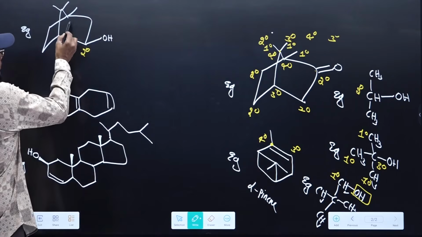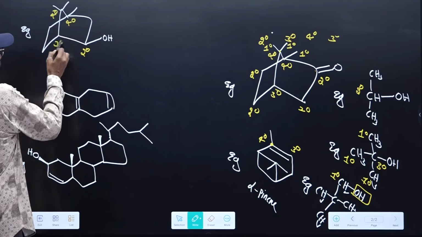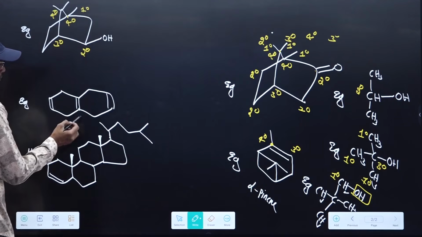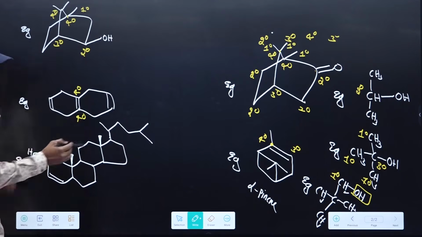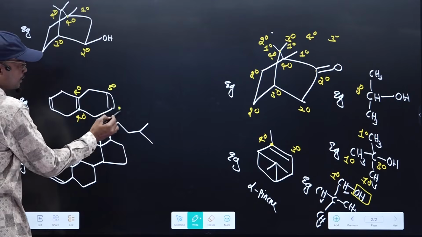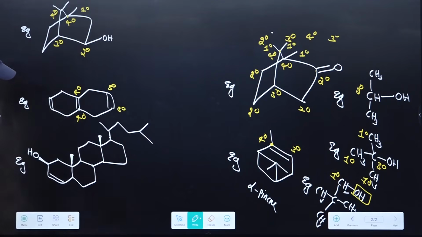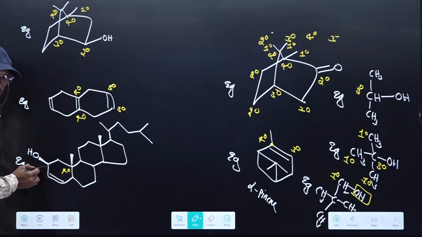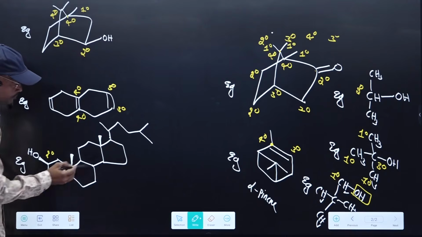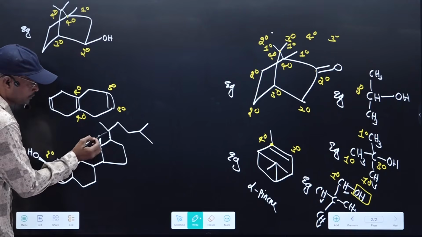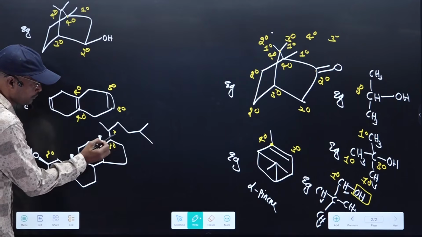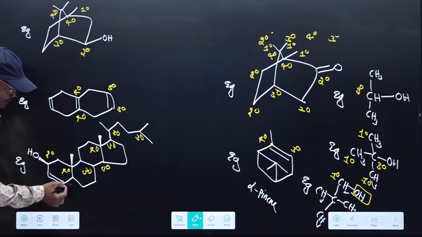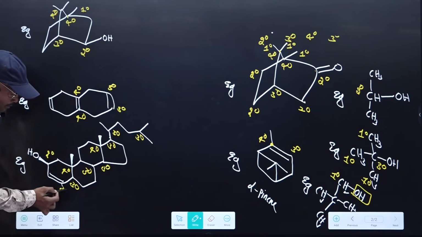Secondary. This one quaternary. Here quaternary. Here tertiary. This is primary. Okay. Here what is this? Quaternary. Quaternary. This one tertiary. Tertiary. Now this carbon quaternary. This one now it is secondary. Now this is quaternary. This one tertiary. Tertiary. Tertiary. This is also tertiary. Tertiary. This carbon tertiary.